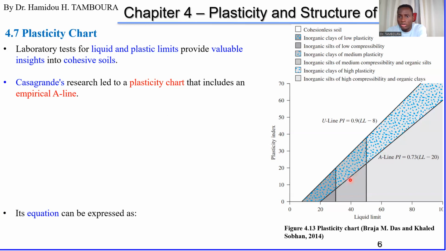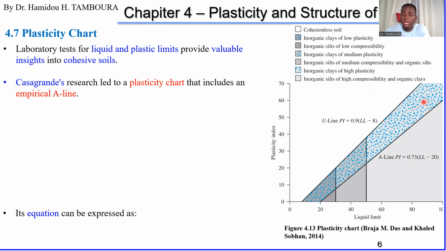This one is maybe this part, which is inorganic silt of medium compressibility and organic silt, this area. So for each area you check, you can find out, for example, that this one within this area is an organic clay of high plasticity. Plasticity is high here, of course.